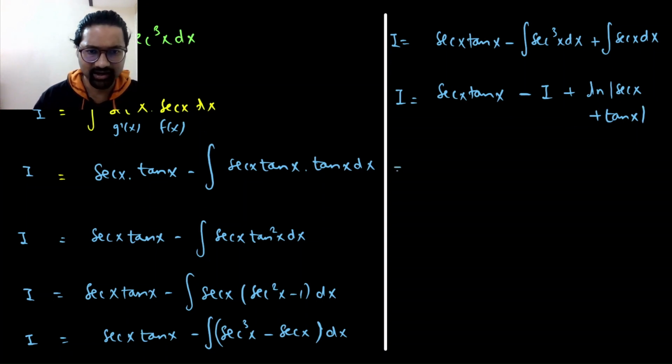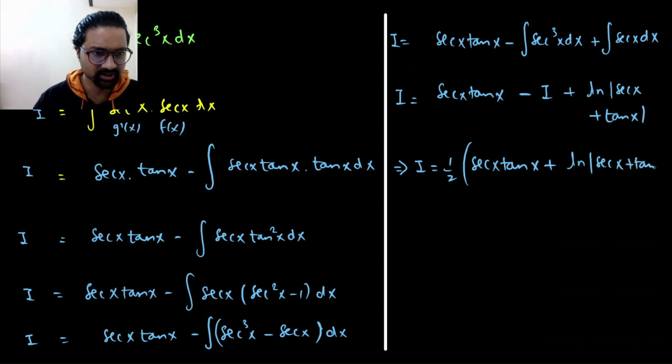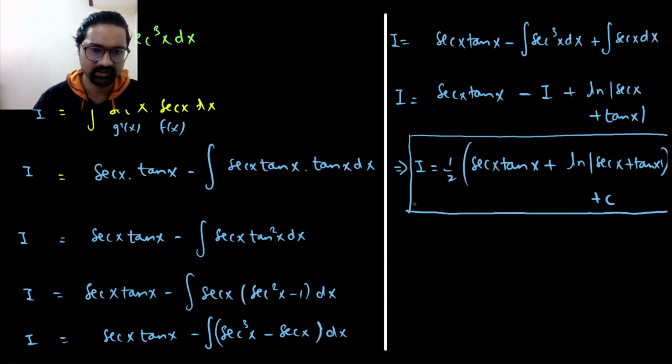So just add I to both sides and divide both sides by 2. So the final answer is I is equal to half of sec x tan x plus ln of sec x plus tan x plus c. So this is the final answer. I hope it makes sense.